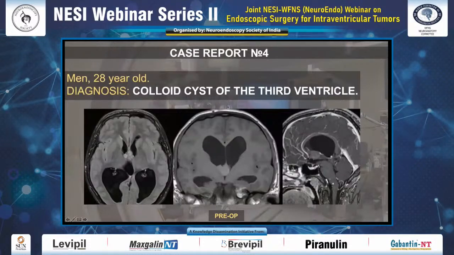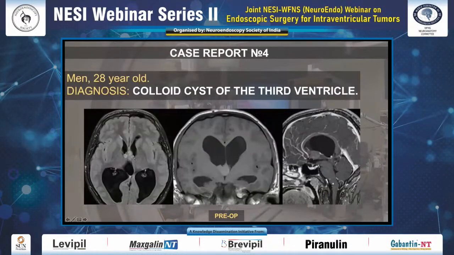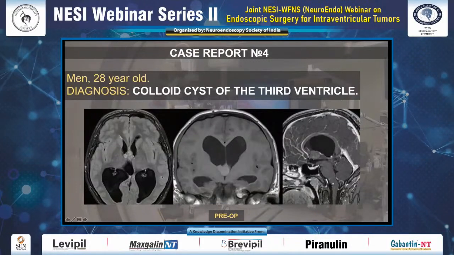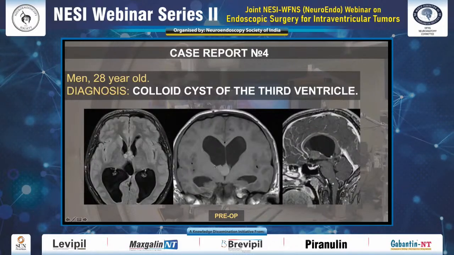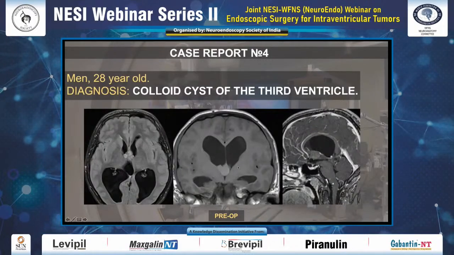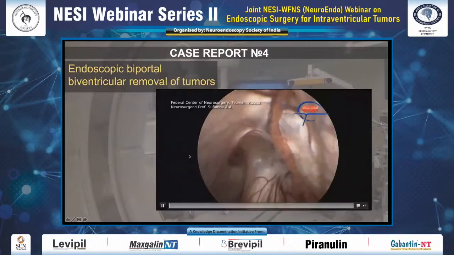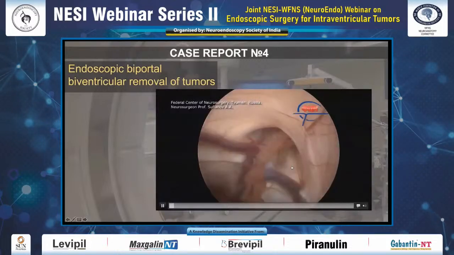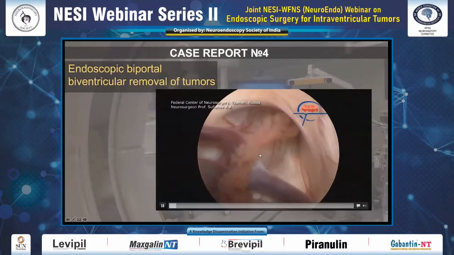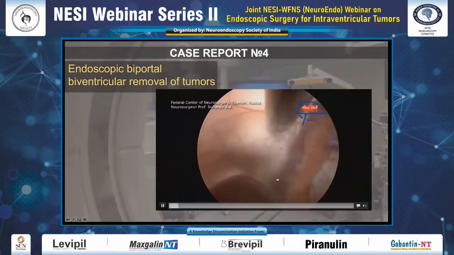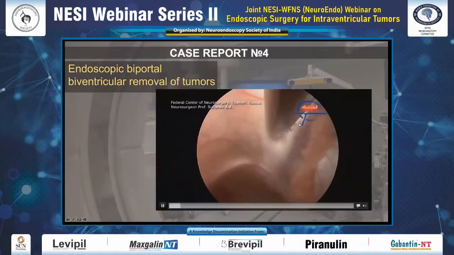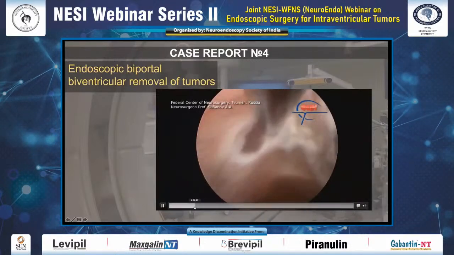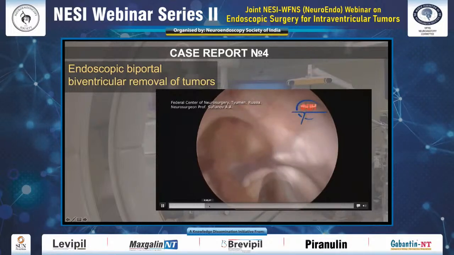And also another case, a big colloid cyst, very adherent to the foramen Monro and the critical structures around the foramen Monro. So I decided to operate also by multiport approach, biventricular approach. You see the anatomy, Monro, and you see inside of the ventricle very dangerous adherence. So I decided to cut the septum pellucidum above and use also biventricular approach.